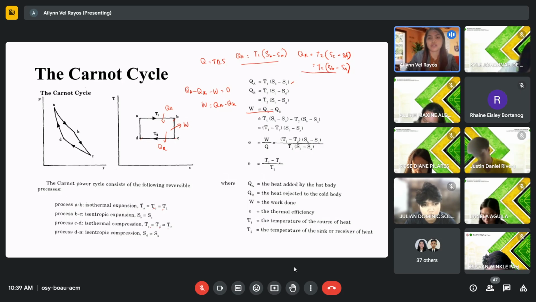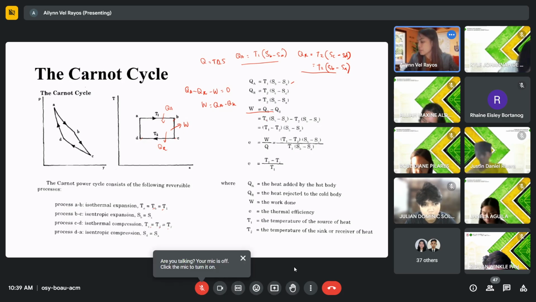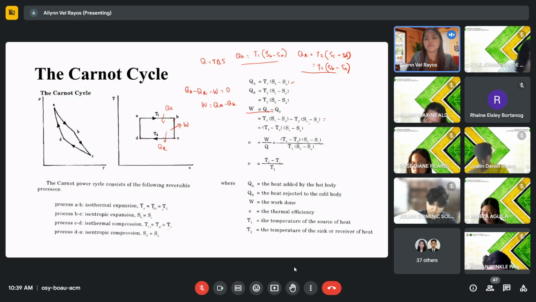So, substitute natin siya dun sa nakuha natin for work. So, work natin is QA minus QR, substituting the value for QA, so that is T sub 1 multiplied by the quantity SB minus SA, minus T2 times SB minus SA. So, since meron tayong same factor dito, ilabas natin siya. SB minus SA.